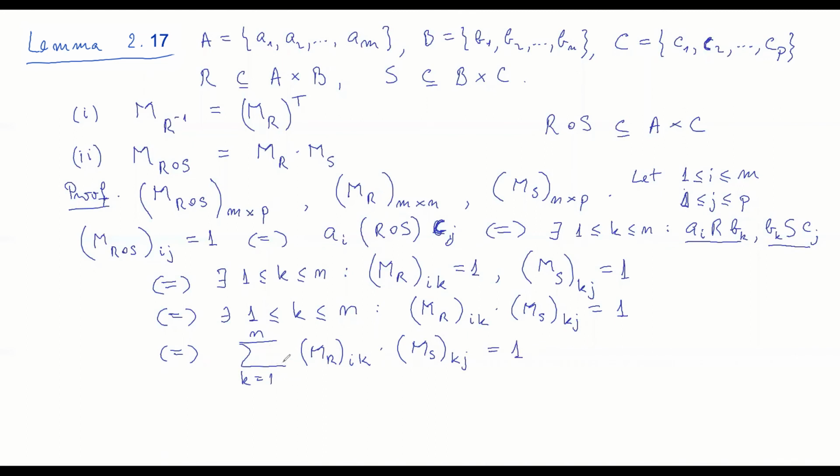And the reason is this sum was defined to be 1 if and only if at least one of these elements that are being summed up is 1. So that's exactly what we are saying. This sum is 1 if and only if at least one of the elements in this sum is equal to 1. And so this now obviously means that this is equivalent with the product matrix MR times MS, if I take the ij element, which is exactly what this sum is, being equal to 1.